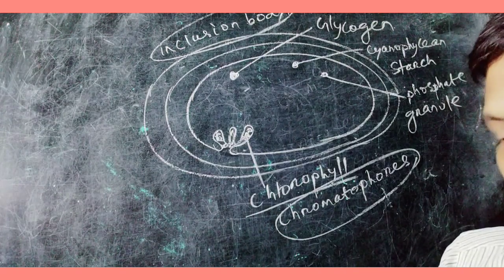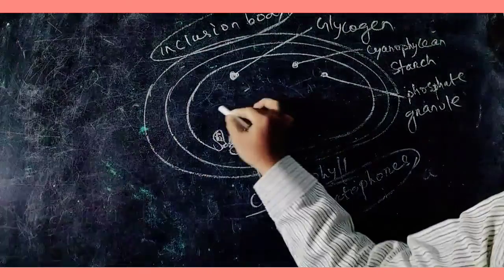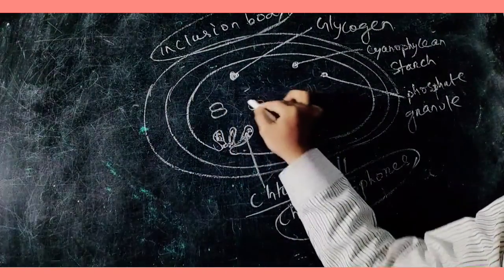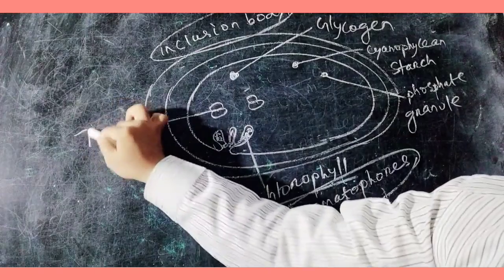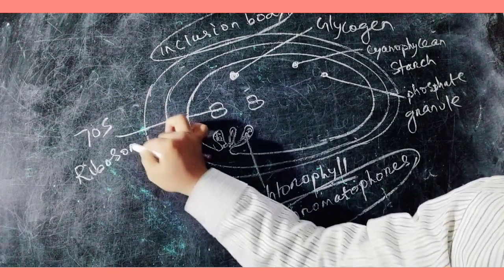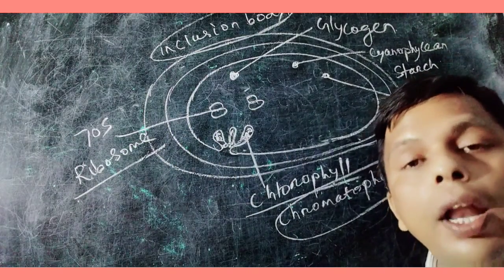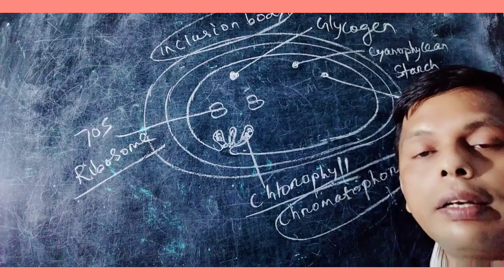Then next to inclusion body, if we account for cell organelle, only 70S ribosomes are found. This 70S ribosome is not a membrane bound organelle.